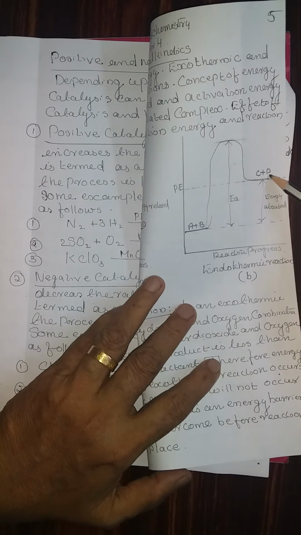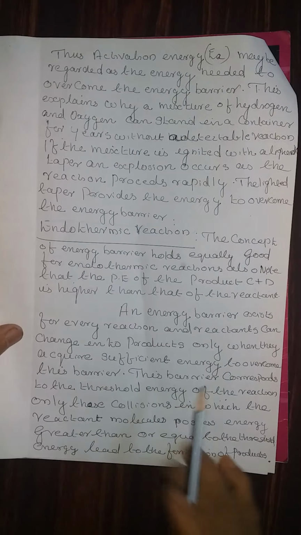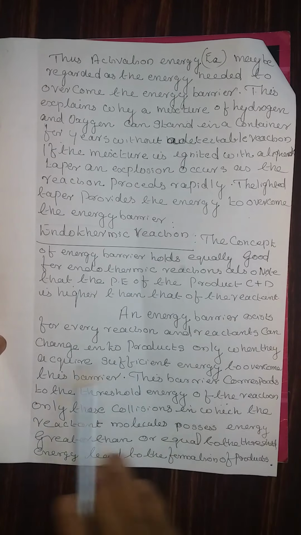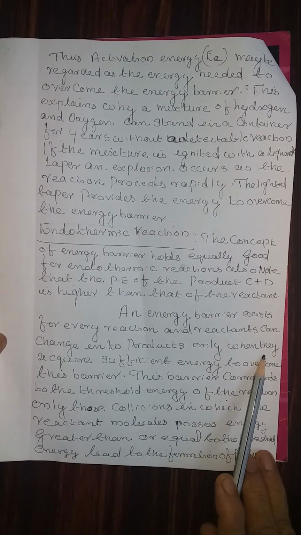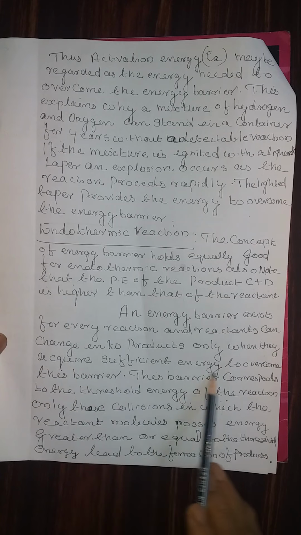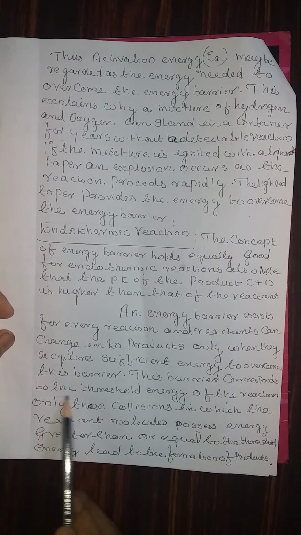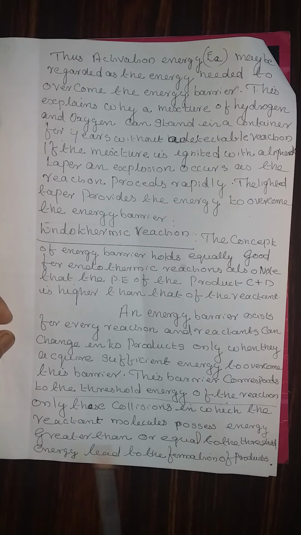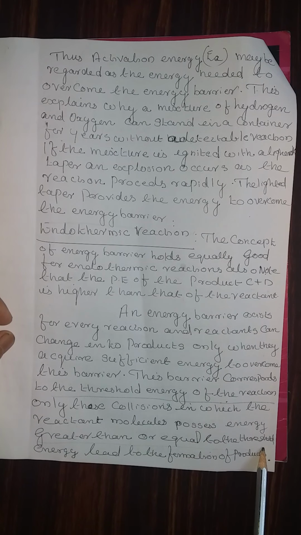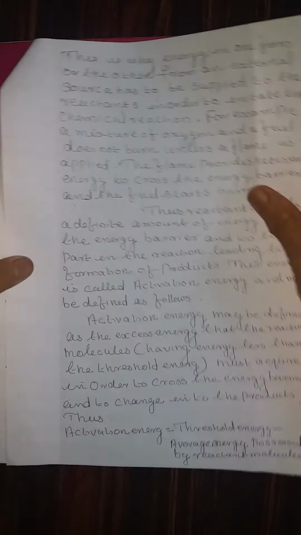For the endothermic reaction, C plus D has a higher energy than A plus B. An energy barrier exists for every reaction, and the reactants can change into products only when they acquire sufficient energy to overcome this barrier. This barrier corresponds to the threshold energy of the reaction. Only those collisions in which the reactant molecules possess energy greater than or equal to threshold energy lead to the formation of products.